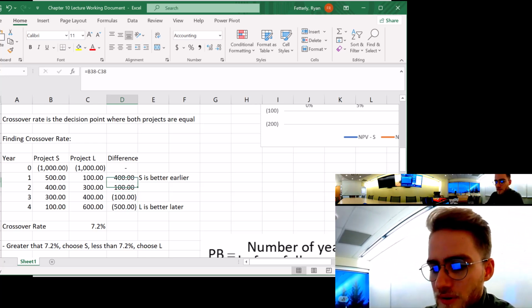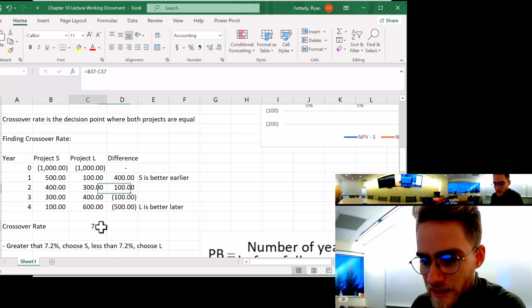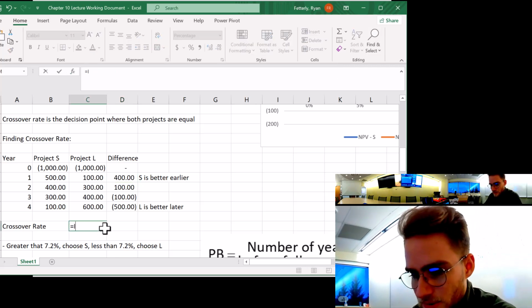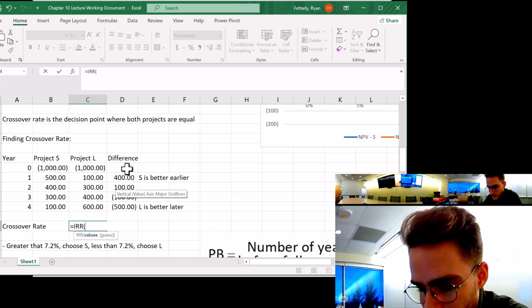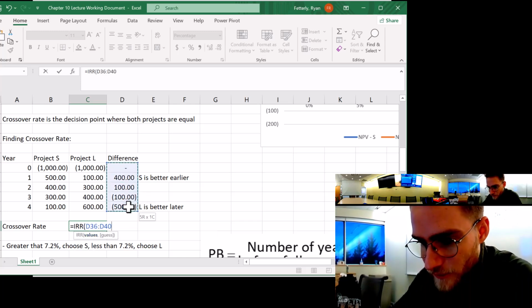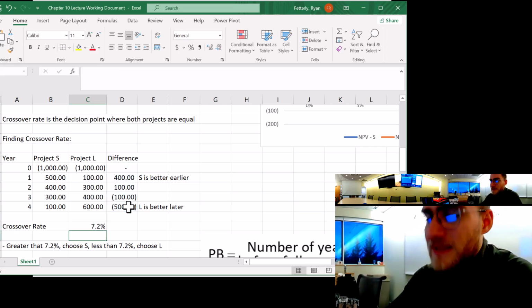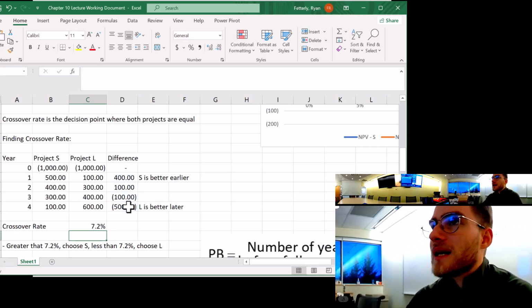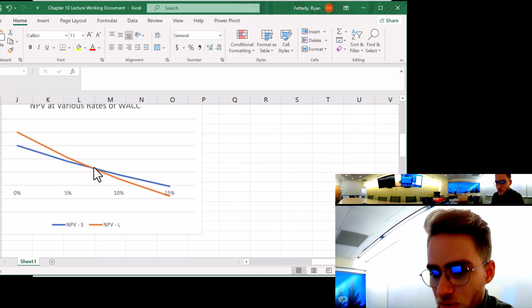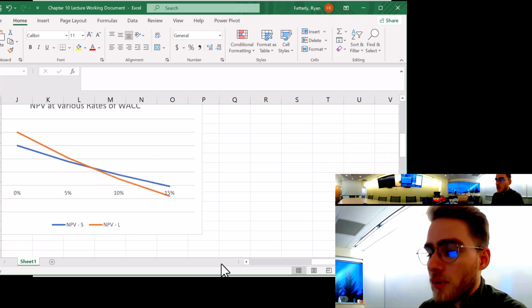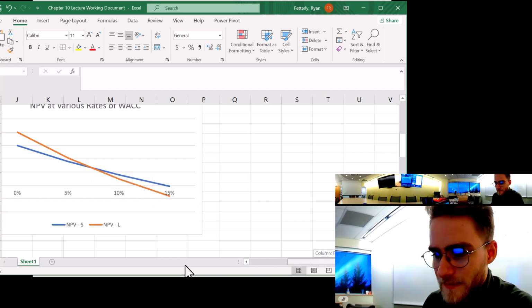I take all of those differences, I go down in here, and I basically just go equals IRR, internal rate of return. Double click, and then I just highlight my values going down, starting from the top. It spits out my crossover rate of 7.2%. That crossover rate is very simply just where the two lines cross, your point of decision between two projects.